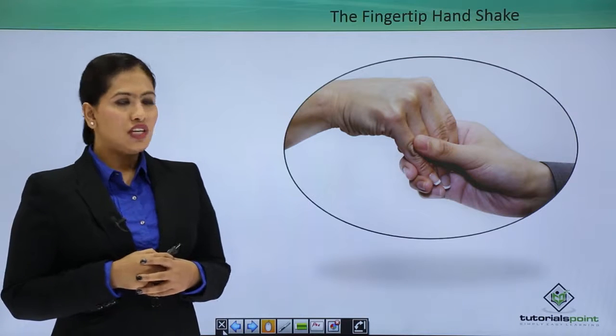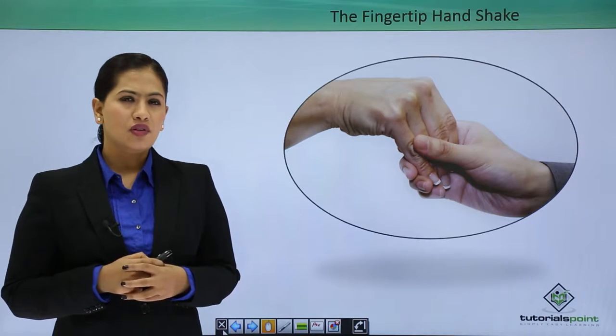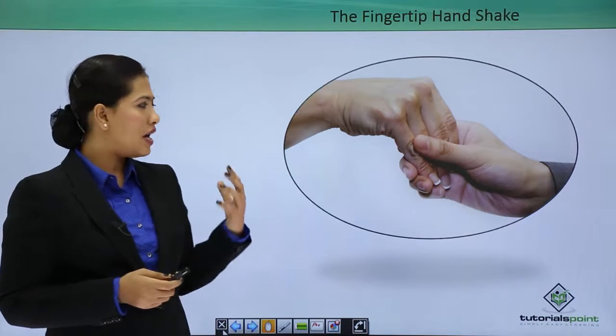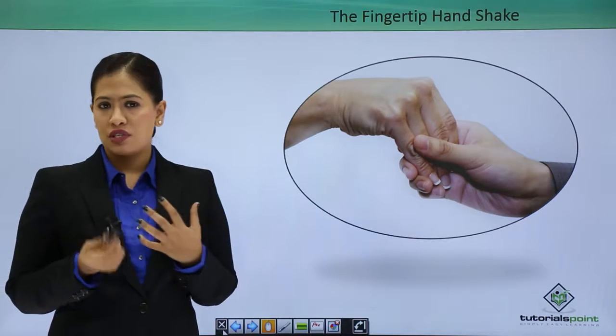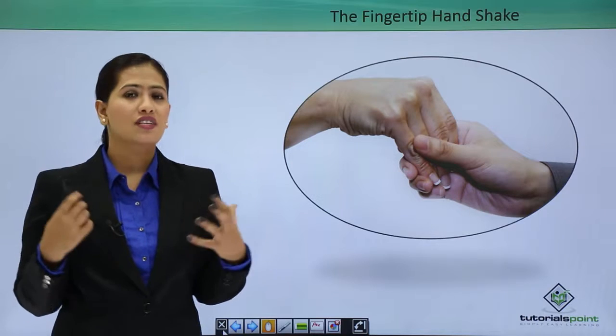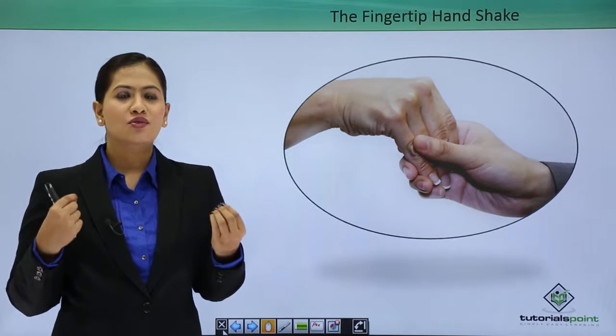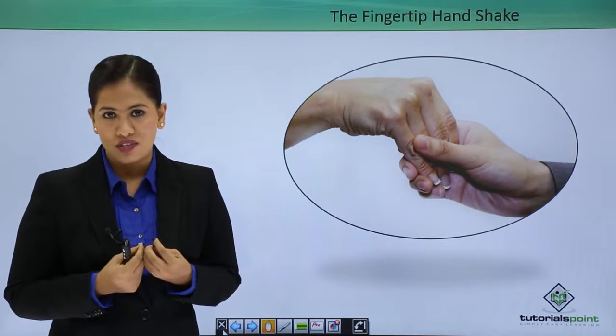The fingertip handshake. Now, this is quite culturally accepted by certain communities and certain nationalities. I do not want to give out a clear depiction as to which country follows it, because every country has its own specific rules and they do keep changing as social evolution revolves.